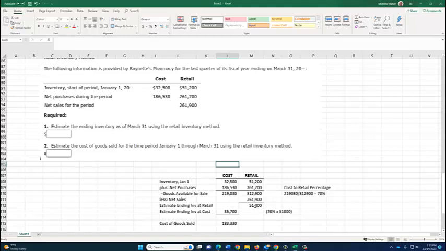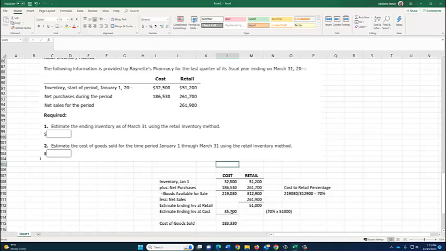Now, we know that the cost of the ending inventory is going to be 70% of this retail figure. So I'm just going to do the math, 70% times 51,000. So my estimated ending inventory at cost is 35,700.